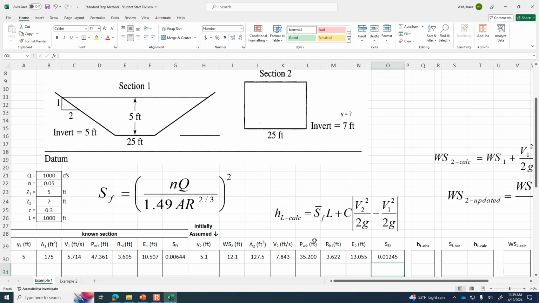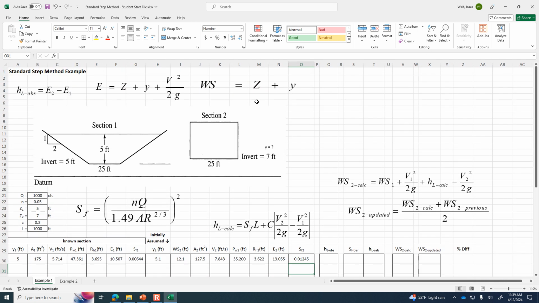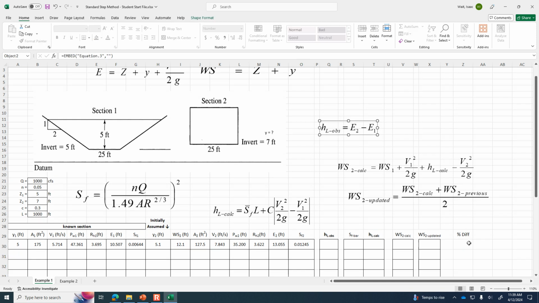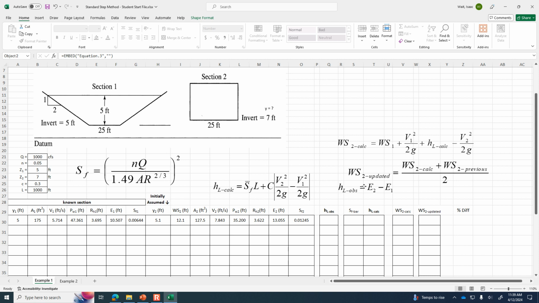All right. Now the observed head loss that we want to calculate, we've got the formula for that up here at the top. Observed head loss is just E2 minus E1. So for me to calculate this observed head loss, I'm saying equals E2 minus E1.